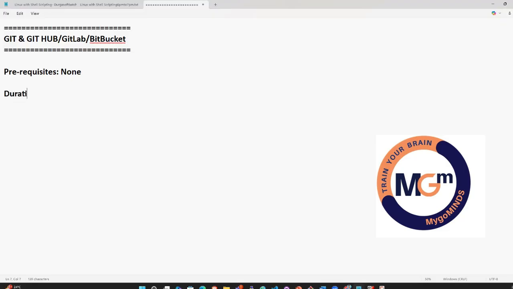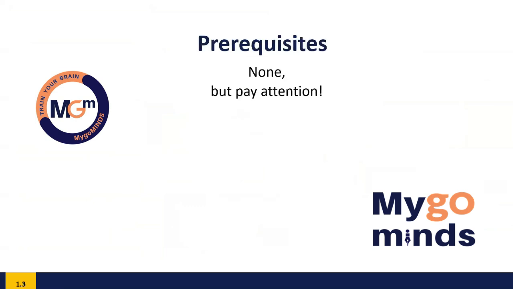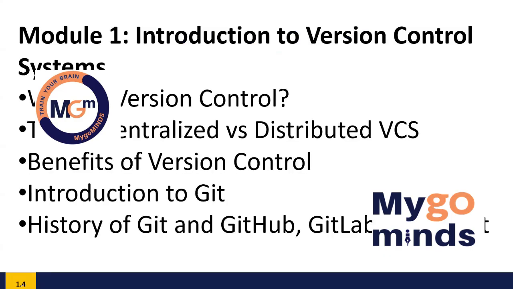The duration of this course is 5 days, guys. The agenda: introduction to Git and GitHub, uses of GitHub user interface, command line usage of Git, towards advanced uses. So what are the prerequisites, guys, to learn this course? None, guys, but pay attention. It will be very easy.